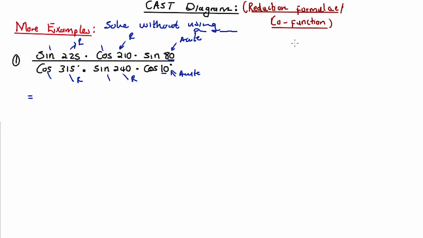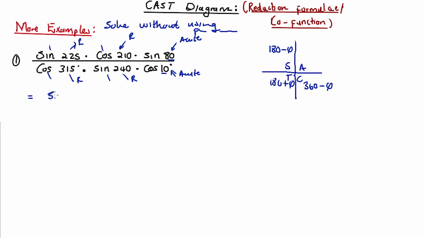So let me have the CAST diagram on the side. So I have the reduction formulas, 180 plus, as well as 360 degrees minus theta.